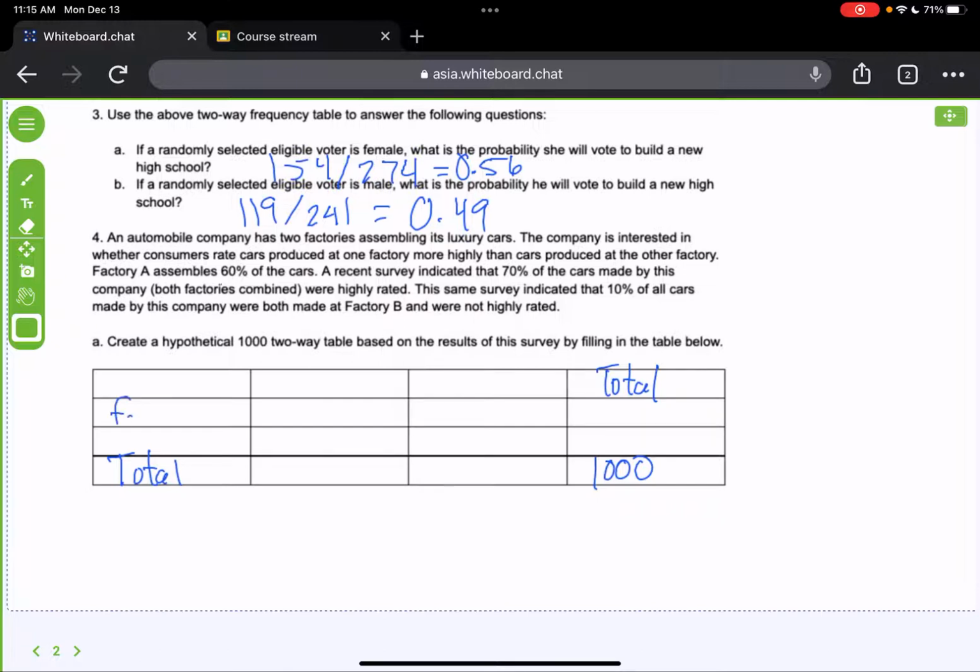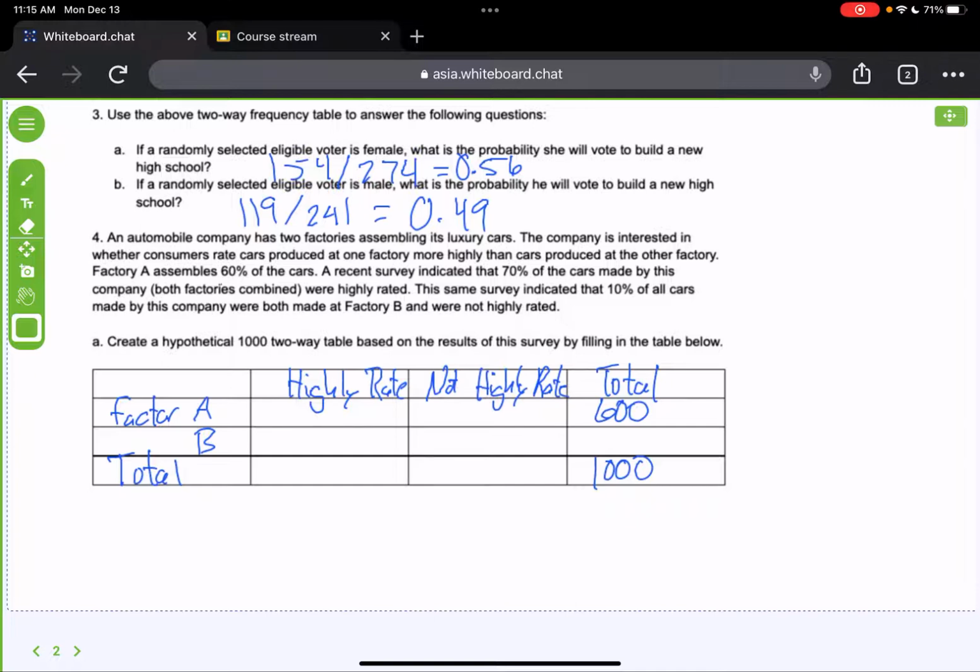Well, we've got factory A and factory B, and then we have highly rated and therefore not highly rated. Now, it says that 60% are assembled at factory A. So the whole total of factory A is 60%, which would be 600.